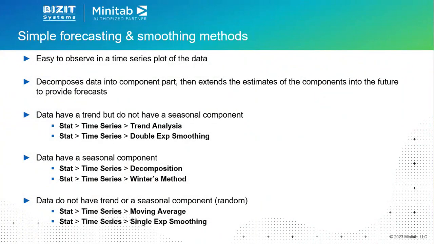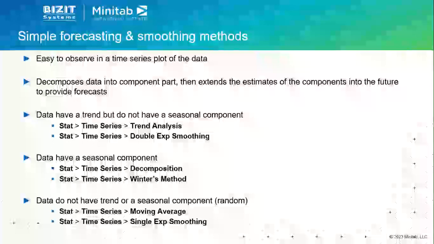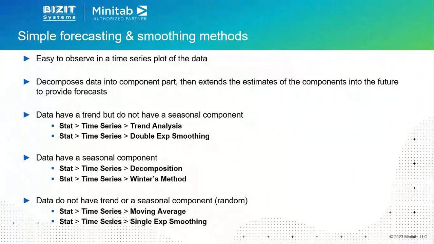Or you can proceed with double exponential smoothing. If you only have a seasonal pattern, you can proceed with the decomposition model or the Winters model. If you have a random pattern, you can use the moving average or single exponential smoothing.